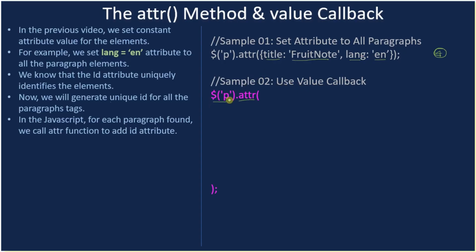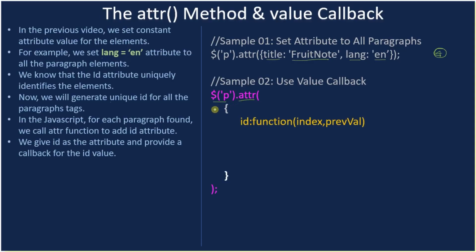Alright, here we are selecting all paragraphs and making a call to the attr function. We give ID as the attribute and provide a callback for the ID value. Right? So the syntax is the same. Curly braces open, curly braces end. That's what here also we are doing. Here we are opening the curly braces and here we are closing it. And if you see, the attribute name is ID.